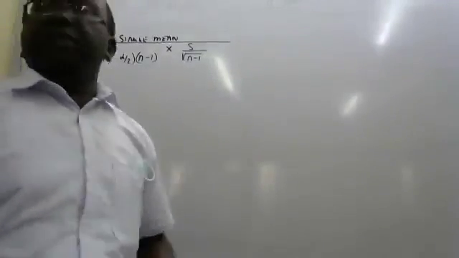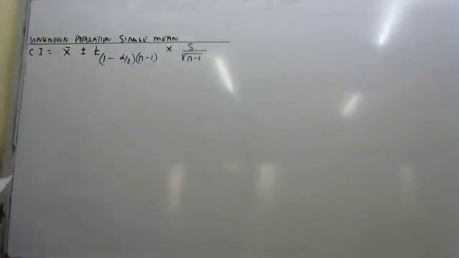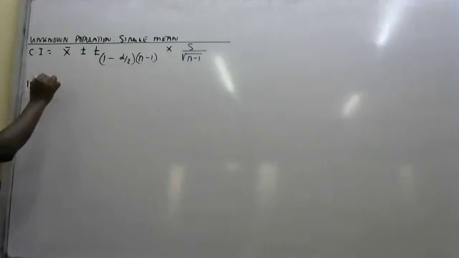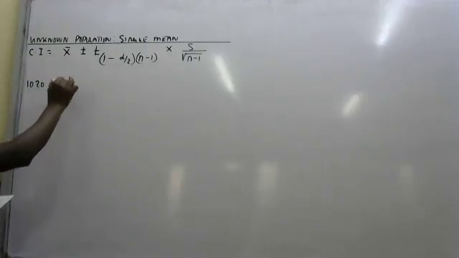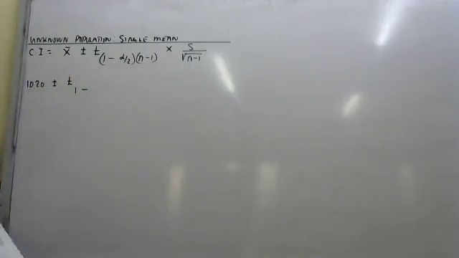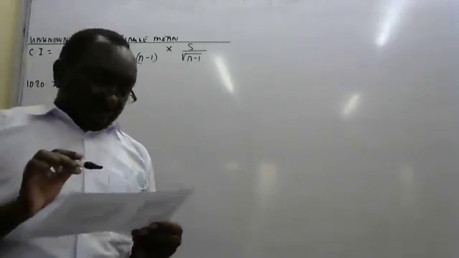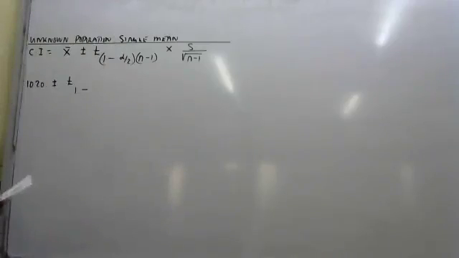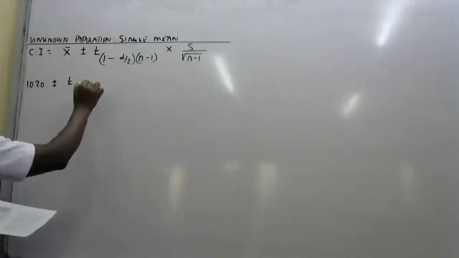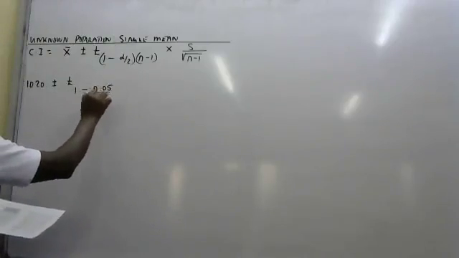So kama tushaandika hivyo, the next thing now is to write the mean. Tunaambiwa the mean is what? 120. So plus or minus T, 1 minus alpha. I've told you alpha is the value that remains for you to get to 100. So what remains here? 5. So 0.05 out of 2.